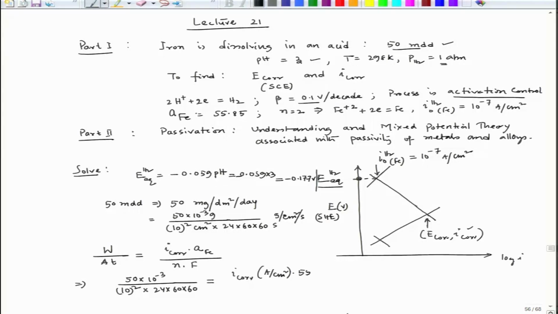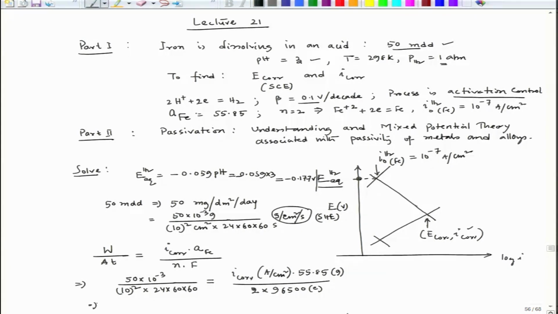A is 55.85, divided by n, which is 2, and F is 96500 coulomb. Okay, so I could see that the units on both sides are the same, because ampere is nothing but coulomb per second, so it will match.